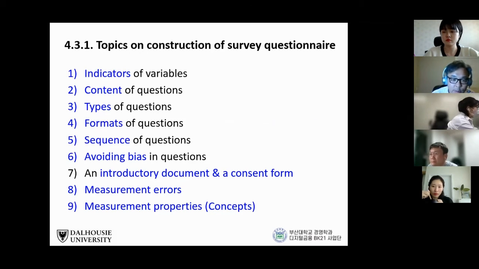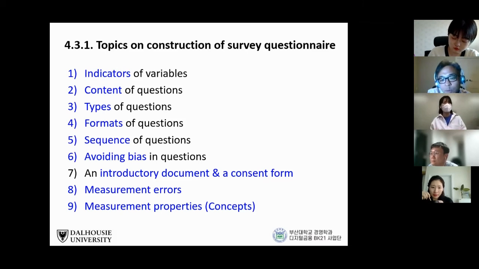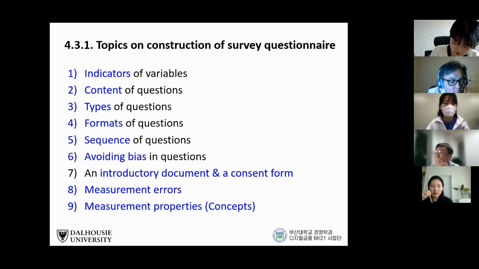And I will be talking a little bit about measurement errors, and about the conceptual part of the measurement properties, while we will be discussing how to describe and find those measurement properties from the PLS analysis on day 4, all right?